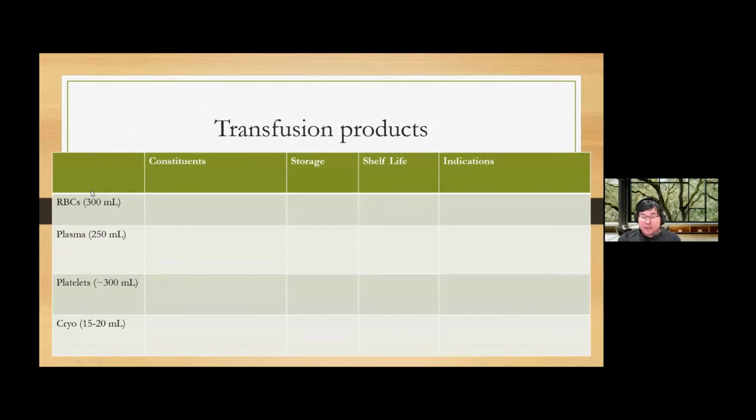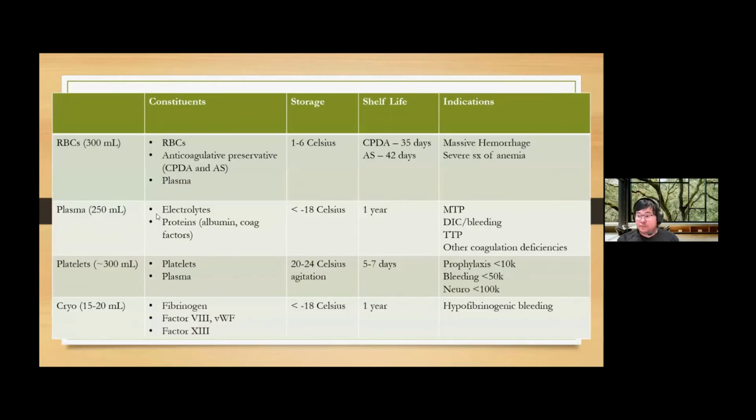Usually the red blood cells are packaged in 300 milliliter packets, plasma in 250, platelets in approximately 300 milliliters in volume, and cryo is 15 to 20 milliliters. So what do we use these for? Red blood cells contain red blood cells, plasma, and anticoagulant preservatives.